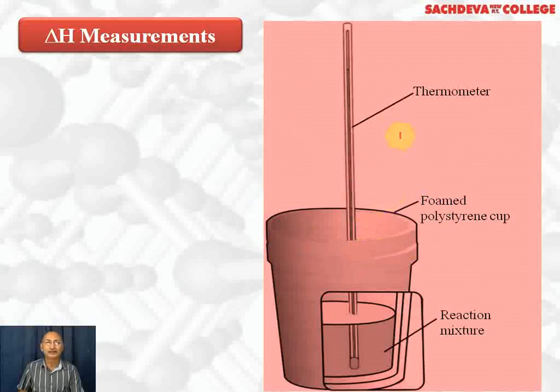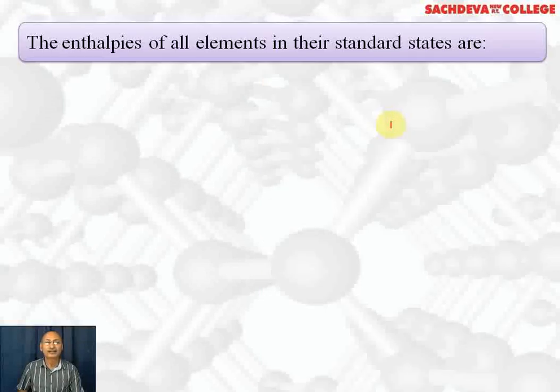So with the help of the thermometer, we will record the rise in temperature and, applying the formula Q is equal to M into C into delta T, we will be able to find out the enthalpy change, which is measured at constant pressure. Next point is very important. The enthalpy of all elements in their standard state is taken as 0.